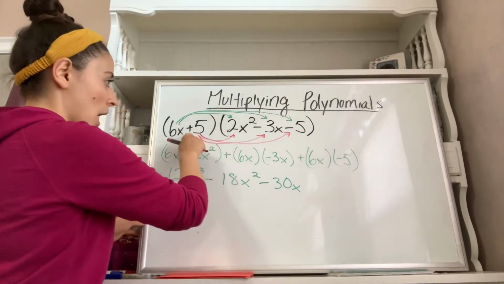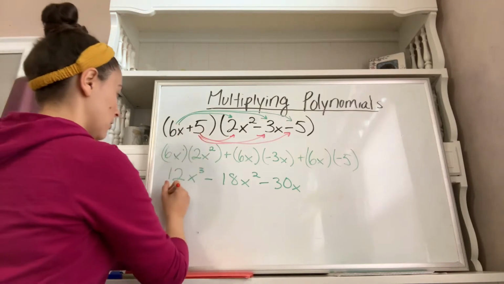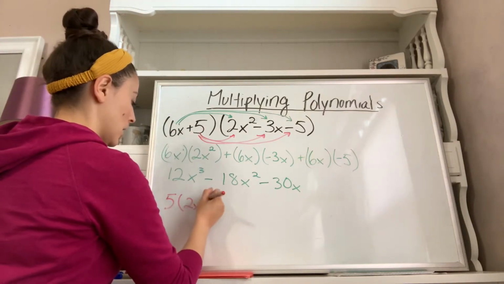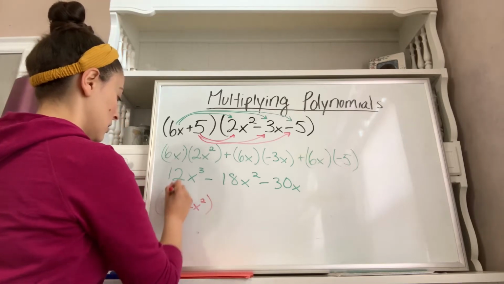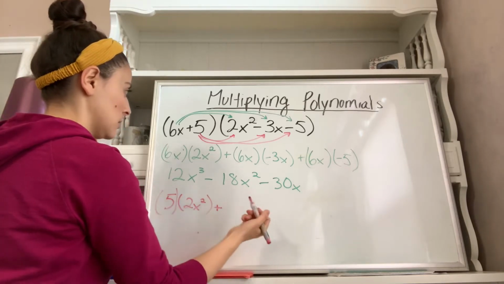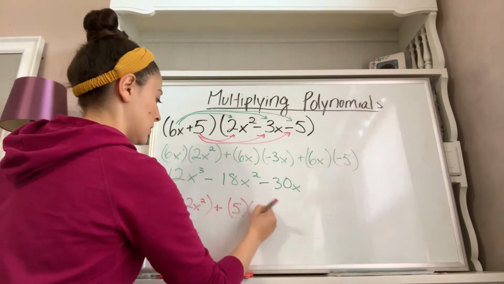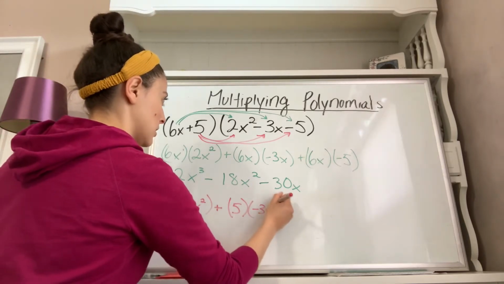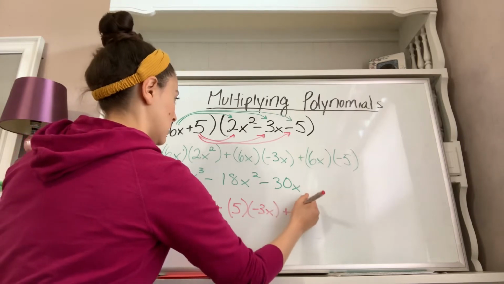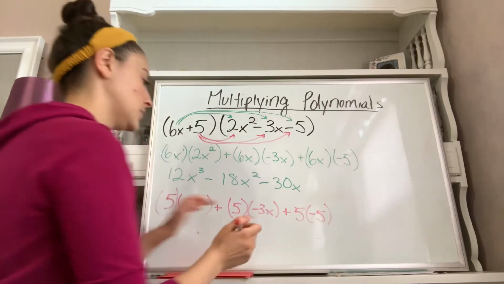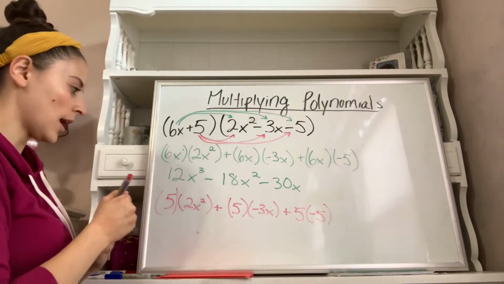So we'll go ahead and write out 5 times 2x squared plus 5 times negative 3x plus 5 times a negative 5, okay?